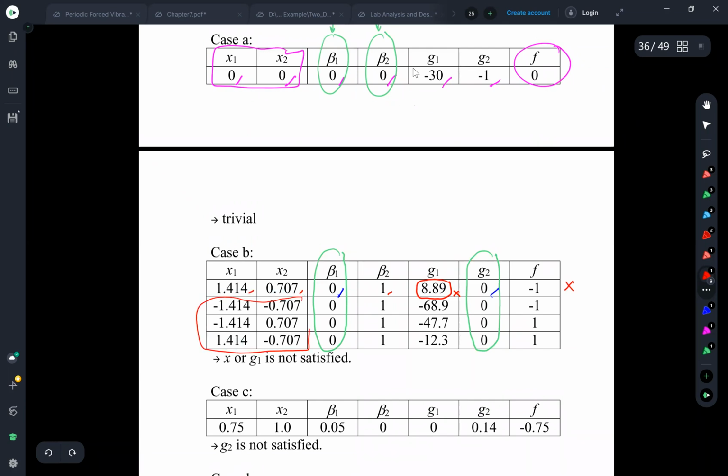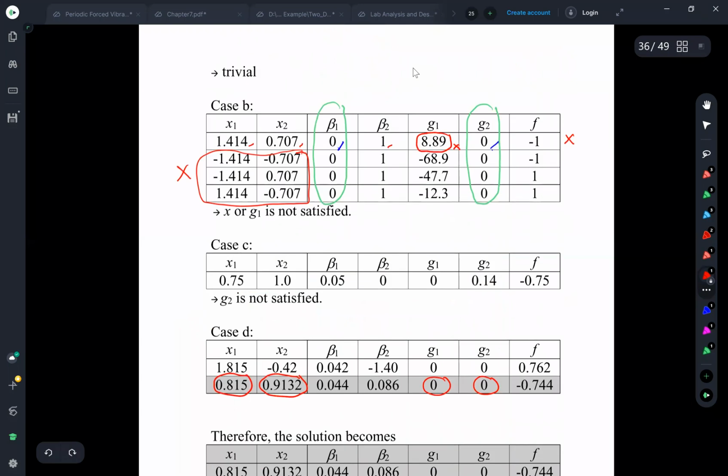Since we consider only the first quadrant, we don't care about the second, the third, or the fourth quadrant where either x1 or x2 becomes a negative number. So we remove the following three sets of the solution from our consideration because they contain negative numbers. Okay. And then we move to case C.